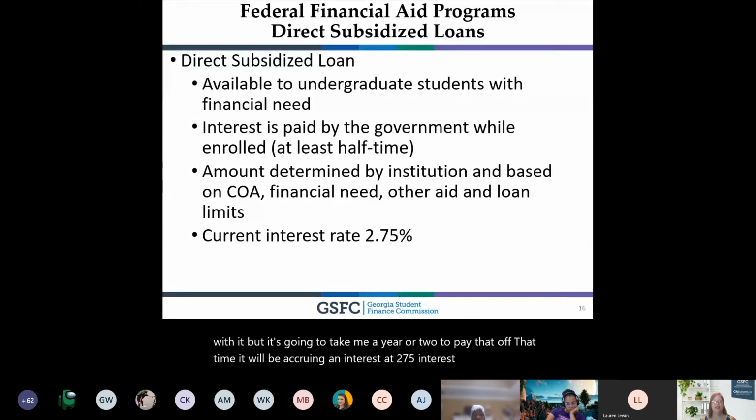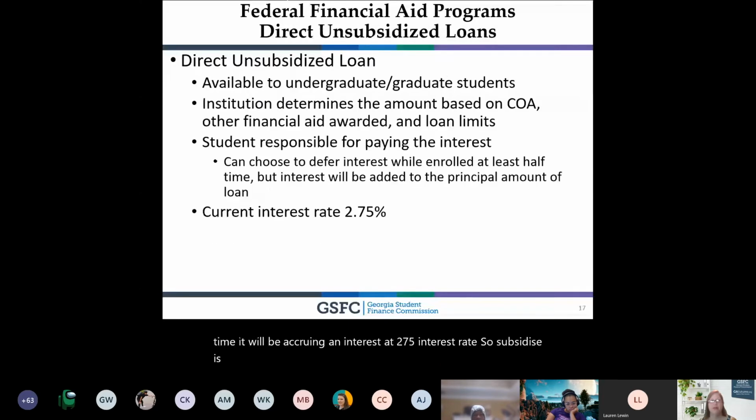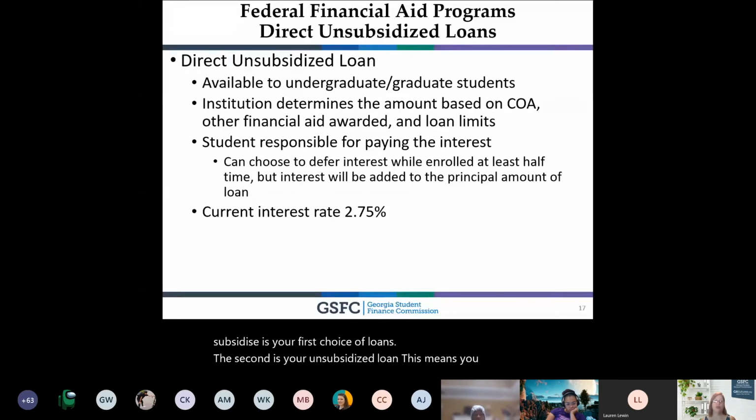So subsidized is your first choice of loans. The second is your unsubsidized loan. This means you will accrue interest while you're in school. So the same $1,000, when I graduate, I will be paying back the $1,000 plus the 2.75% that I've earned over the 4 years.